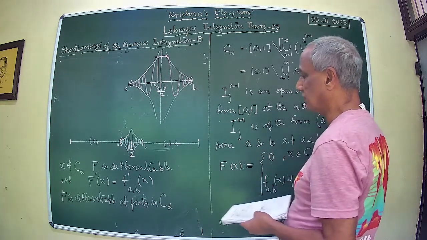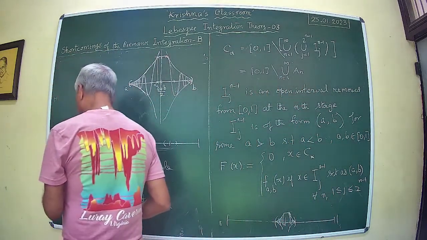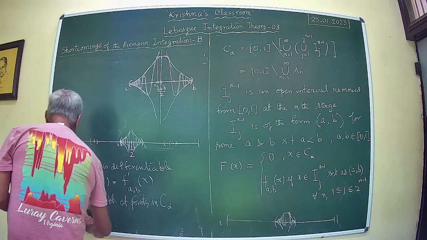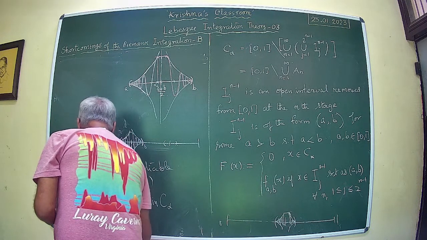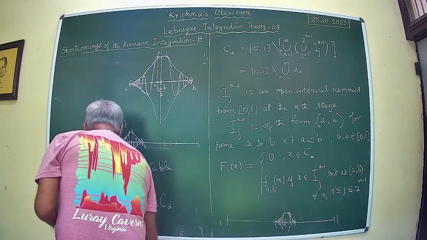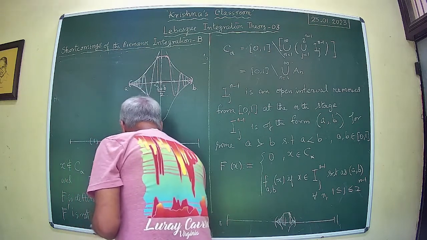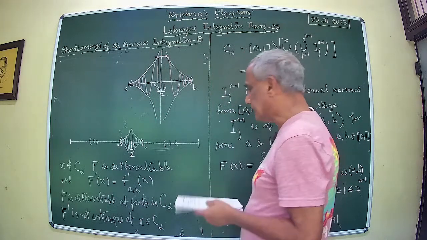Let's look at the definition of the function. And you can show that f derivative is not continuous at C alpha. That is easy to see.